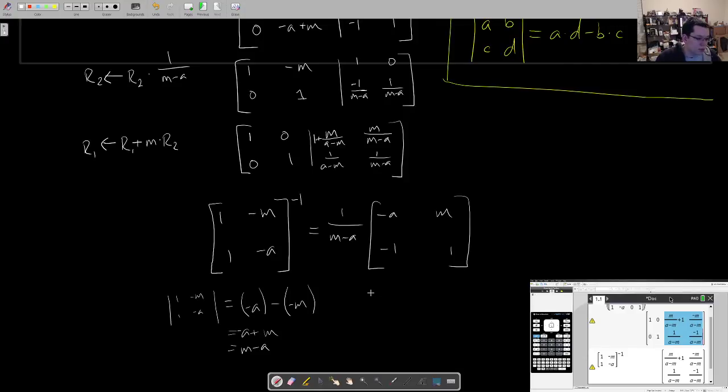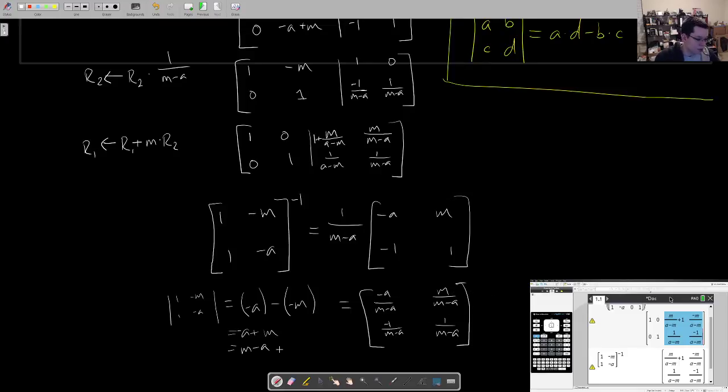And when we distribute in, we end up with negative a over m minus a, m over m minus a, negative 1 over m minus a, which is the same as 1 over a minus m, and 1 over m minus a.